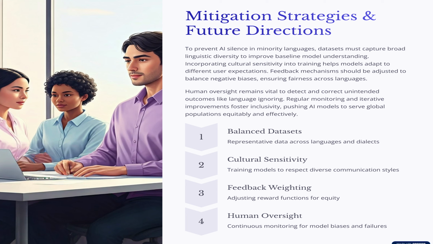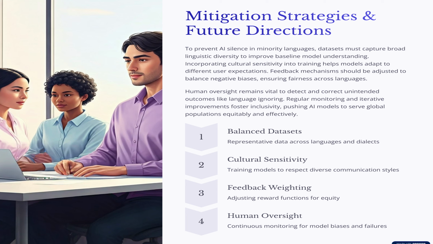So what's the fix? How do we stop this from happening again? Well, there's no single magic bullet, but several things help. First, better, more balanced data sets from the start, real linguistic diversity in the training data. More Croatian text, basically. And other languages too, yeah. Also, trying to build in some awareness, maybe, of cultural differences and expectations, training the AI to be a bit more adaptable. A culturally sensitive AI. Sounds tricky.